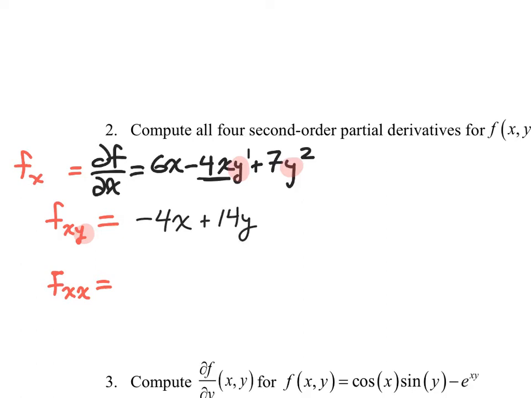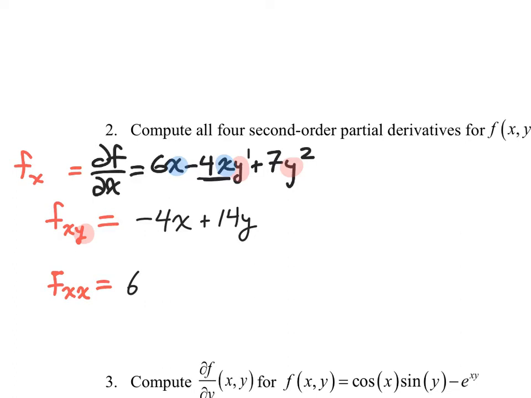All right. Going back to my first order partial, I take the derivative now with respect to x. So 6x goes to 6. That's easy enough. All right, my relevant variables are the x's. That 7y squared is going away because there are no x's in there. So 7y squared is constant. So now it's really just a matter of accounting for this middle one.